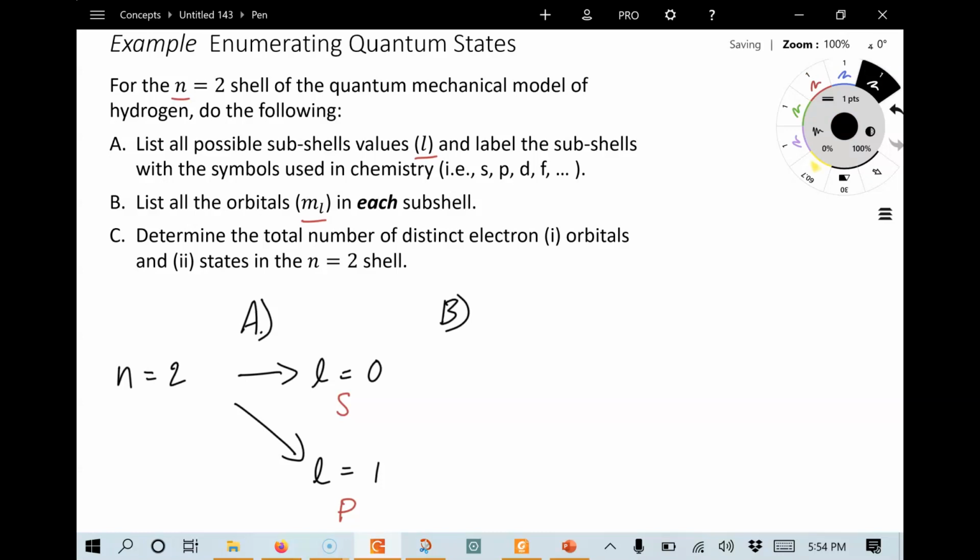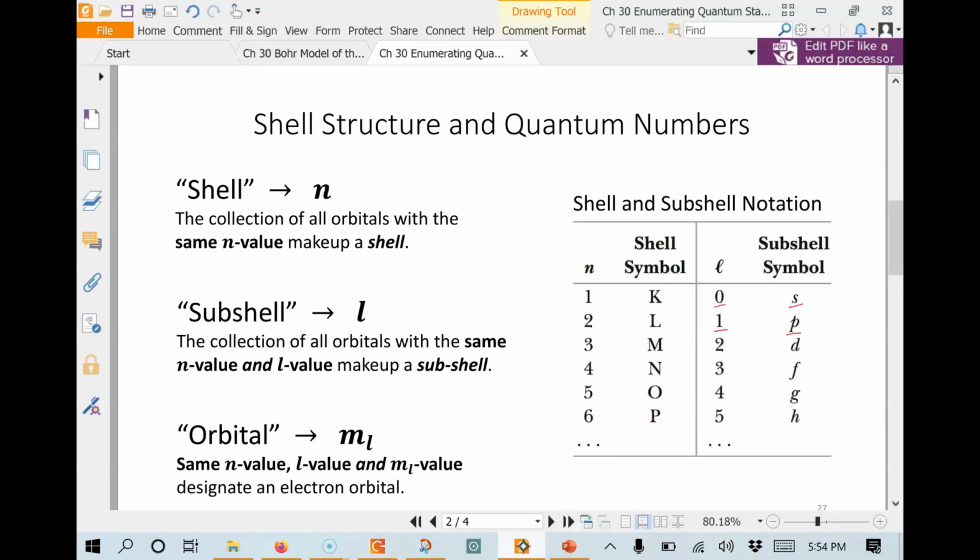List all the orbitals in each subshell. So M sub L is the quantum number that distinguishes a specific electron orbital or electron cloud shape. And for each L, there's a certain number of orbitals you can have, and that depends on this equation here.